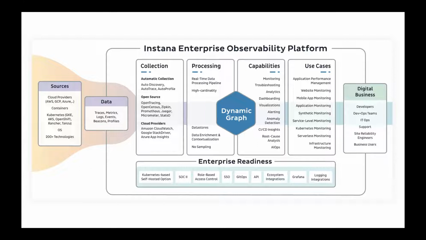For a product to be enterprise ready, it should have certain capabilities: it should be scalable, it should integrate with multiple other products, it should have its own role-based authentication, it should be able to install itself on Kubernetes or any self-hosted platform, and it should have some API endpoint so that it can be integrated with products of other organizations. All the things required for a product to be enterprise ready are what Instana has, and that's why it is an enterprise ready product.